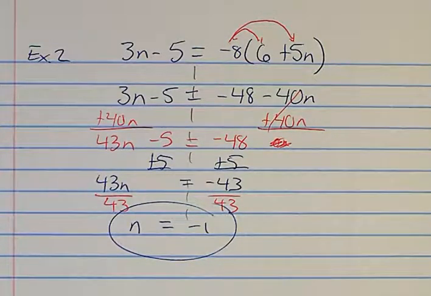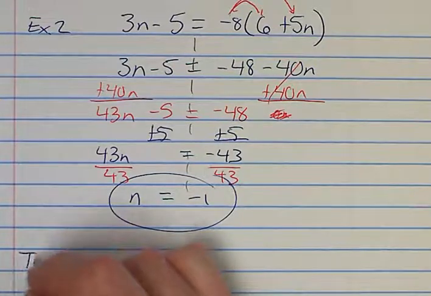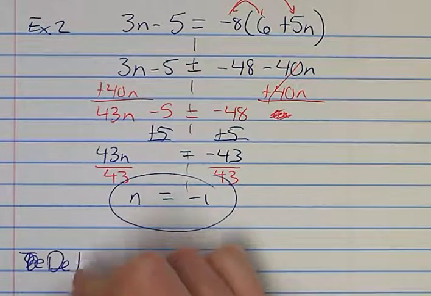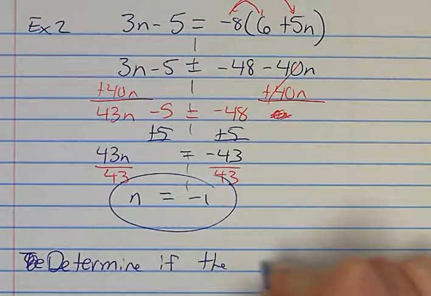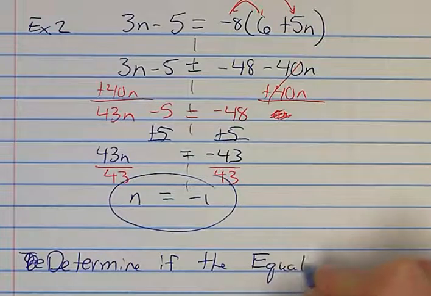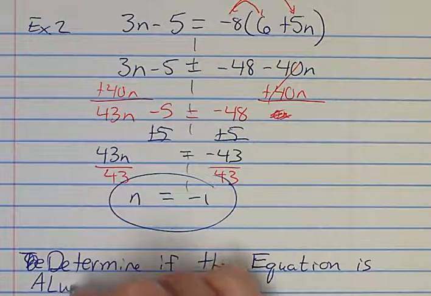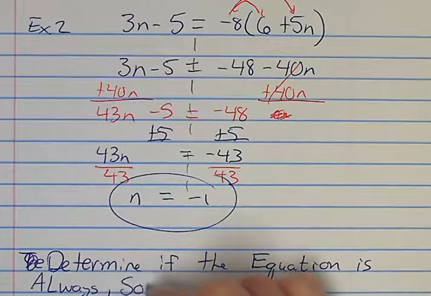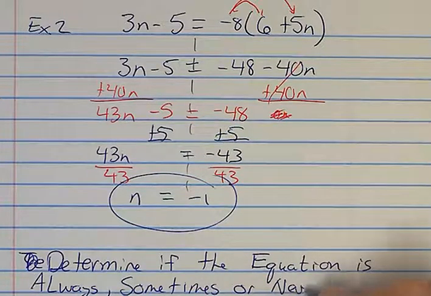Okay, now here's where you're still going to solve equations, but they're going to give you a little different title. They're going to ask you to determine if the equation is always, sometimes, or never true.